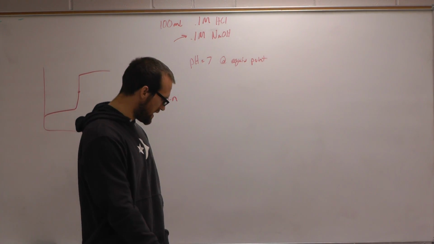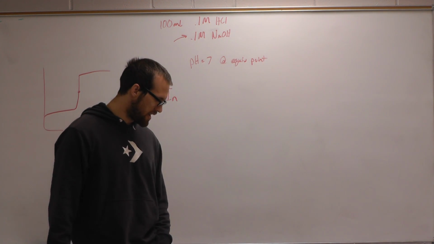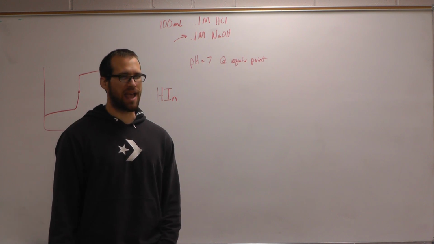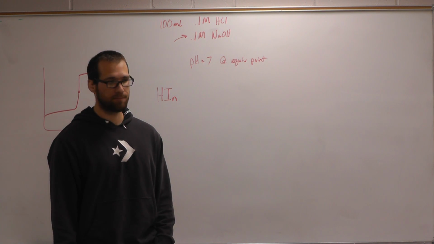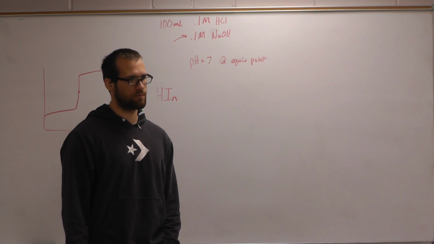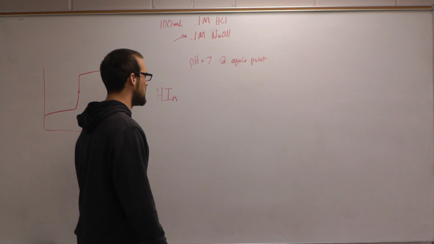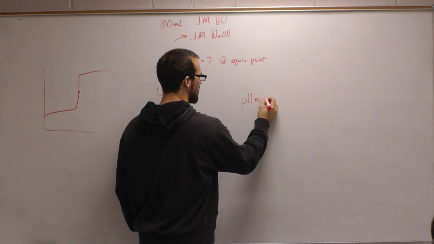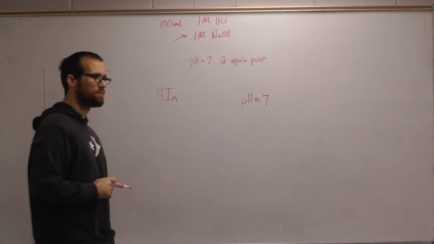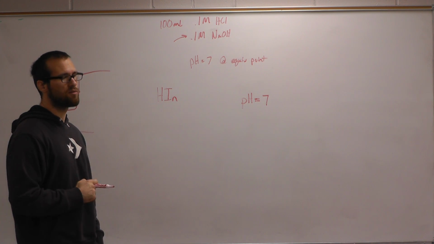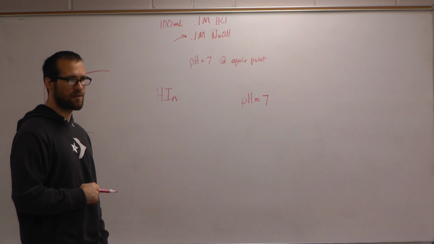Okay? If we want an indicator to change color at a pH of 7, what would the indicator's Ka value need to be? I'll say it again. If I have an equivalence point of 7, what indicator? Well, okay, I can see how you might want to use 1 times 10 to the negative 7.